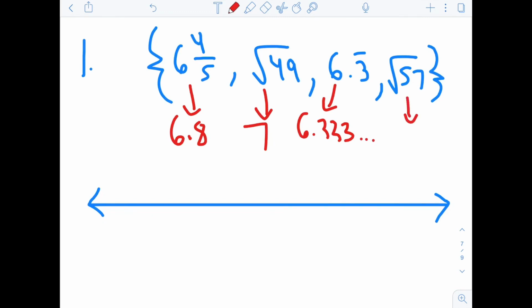And the square root of 57, if you put that into your calculator, is 7.546, and so on. So that's an irrational number. It's not a perfect square. So it looks like all the numbers are between 6 and 8.